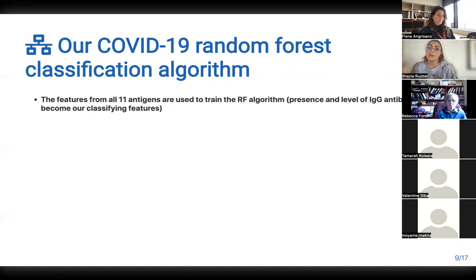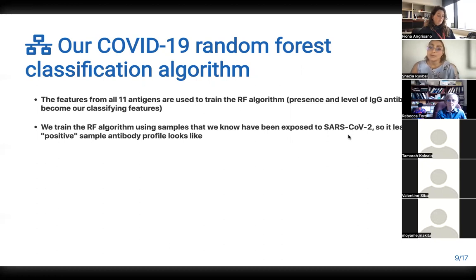So we know that antibody data is not binary. It's not just that you have and you don't have. You can have low levels of antibodies, you can have high levels of antibodies. So all of those features are considered by the algorithm to determine whether a sample is positive or negative.